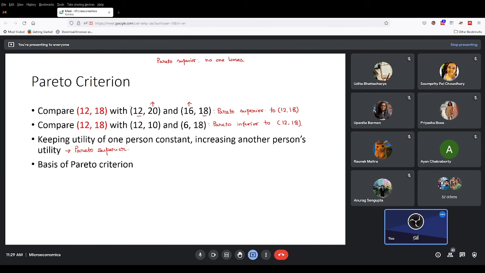Okay, if you move from here to any of these states, is anyone losing? No, sir. But at least one person is gaining. Right? So what is Pareto inferior? No one gains, but at least one person will lose.